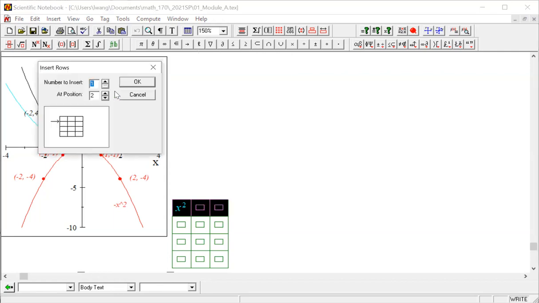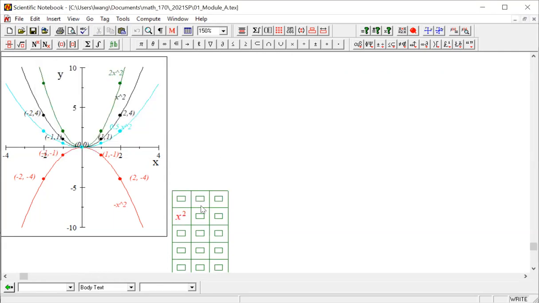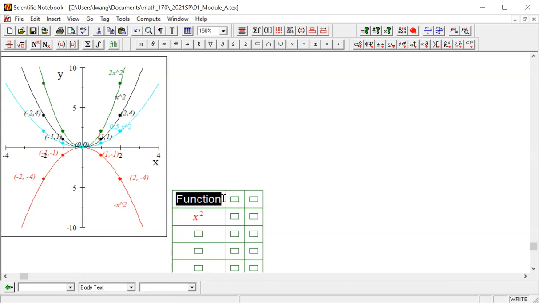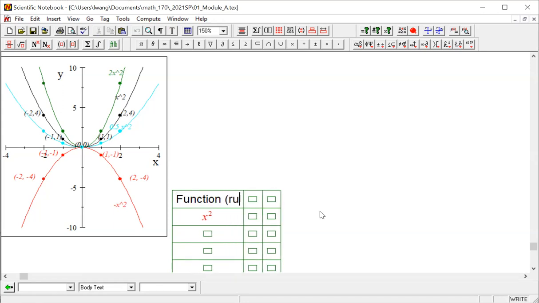Let me insert a row above. Okay, so this is the function, or rule. You can call them rules. And the domain.